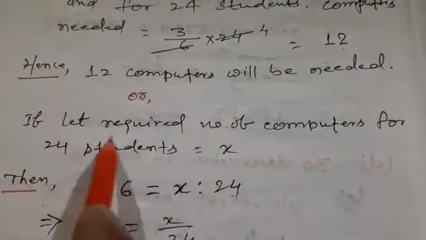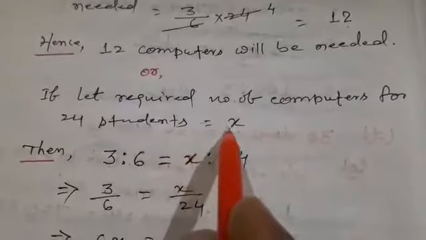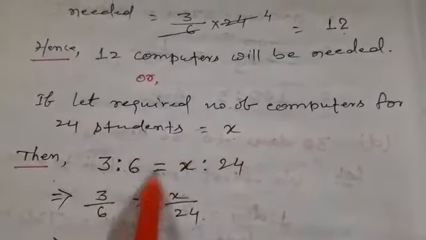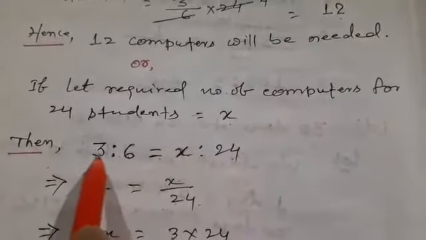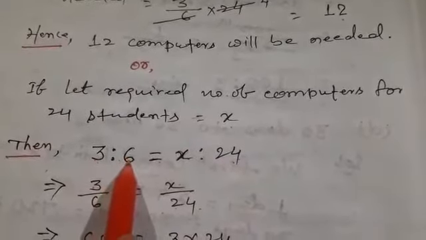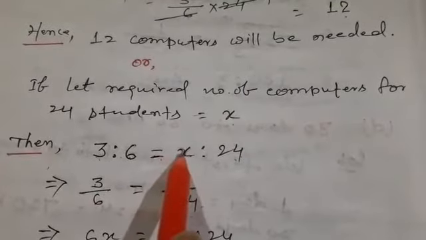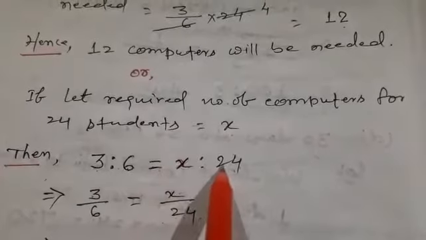Let the required number of computers for 24 students be x, then 3 is to 6 is equal to x is to 24. Dear students, 3 is the number of computers and 6 is the number of students. So in proportion we write the number of computers, that is x, and the number of students is 24.